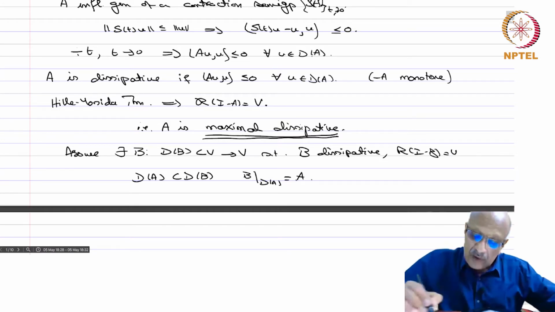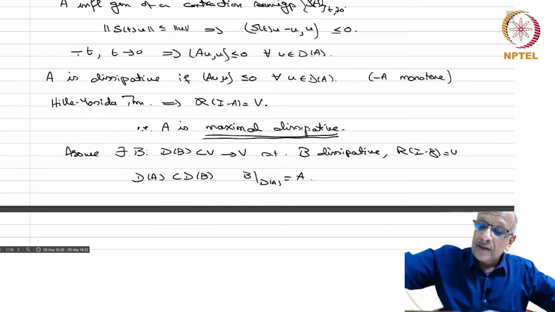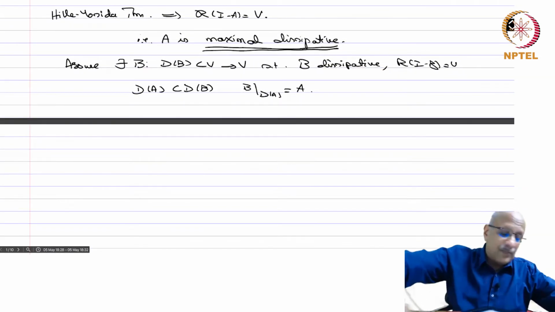So, assume that you have these conditions. That means I am having a maximal dissipative operator, I am extending it to another operator with the same properties.